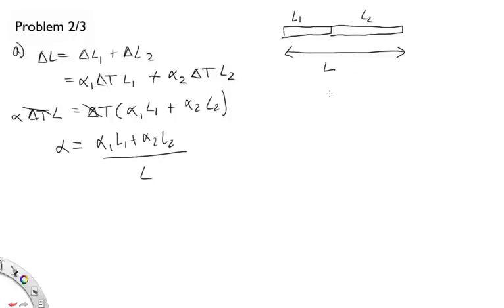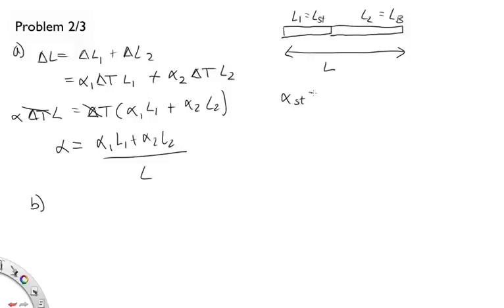Okay, part B, we're now told that we're using a rod made of steel. So this is steel and this is brass, so let's call that LB, length of brass.